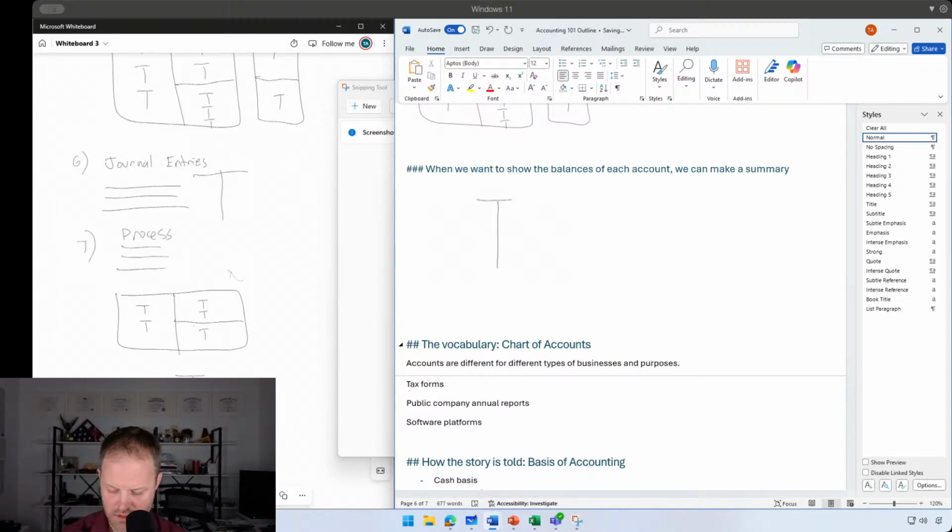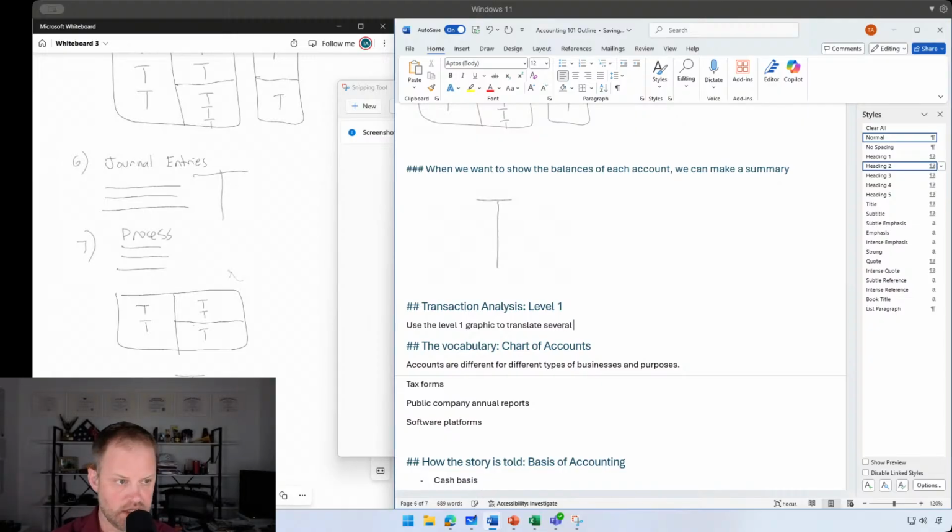So then let's say transaction analysis level 1 is when you can use the level 1 graphic to translate several activities into the graphic.